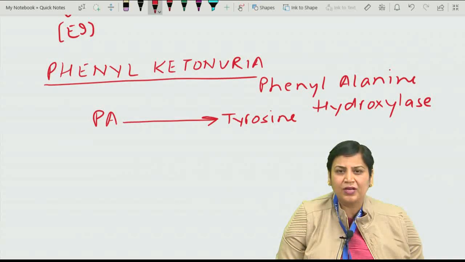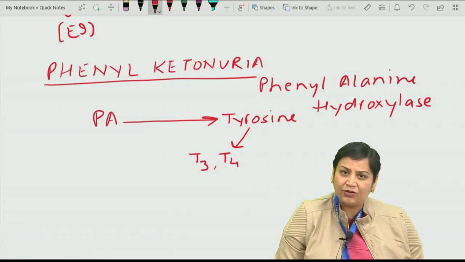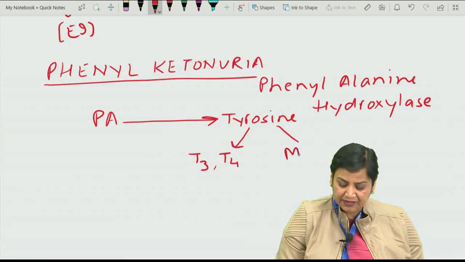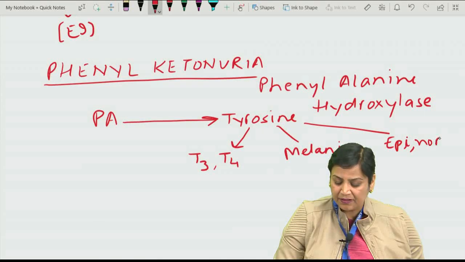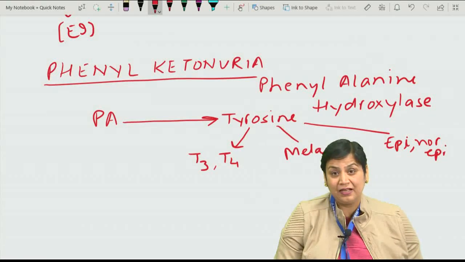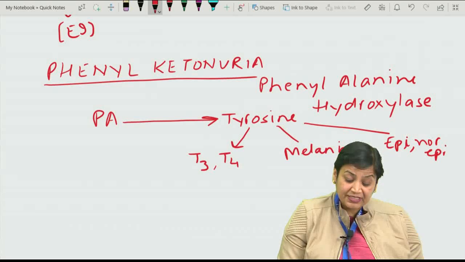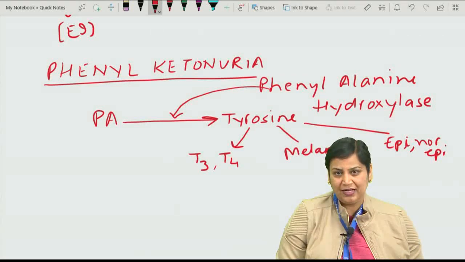This tyrosine is a precursor of so many important compounds, whether it is triiodothyronine, tetraiodothyronine, melanin, epinephrine and norepinephrine, or you can say the catecholamines. The precursor of catecholamines, thyroid hormones, and melanin is tyrosine, which is generated from phenylalanine in the presence of phenylalanine hydroxylase.